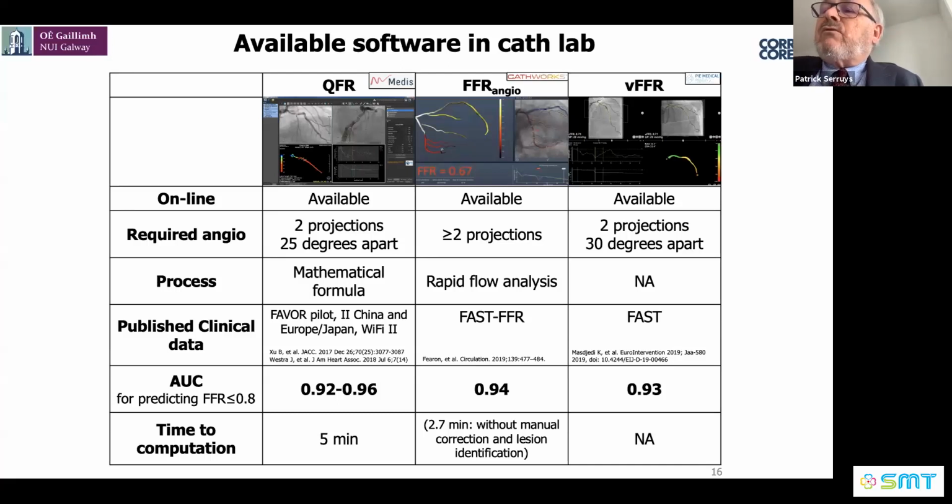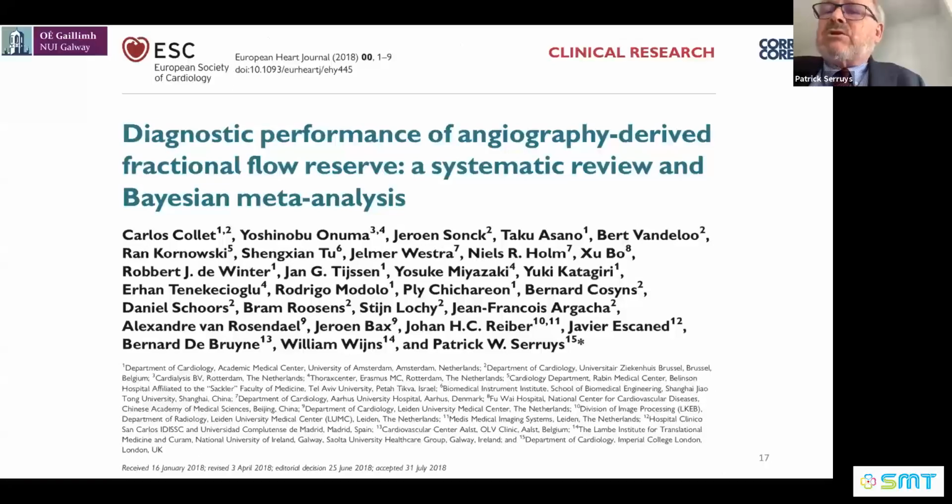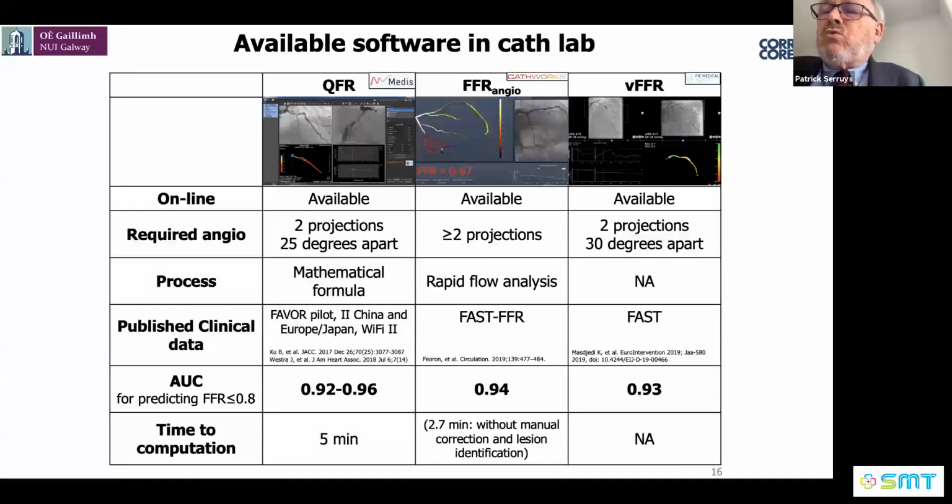And then again in EuroIntervention, there is the demonstration of the validity of the VFFR of Pie Medical. As you can see, the area under the curve for prediction of FFR less than 0.80 is very high: 92, 96, 94, 93. The time, we will review that with Yoshi, can be 5 minutes, can be 2.7 minutes. It is not described in the VFFR. Next.